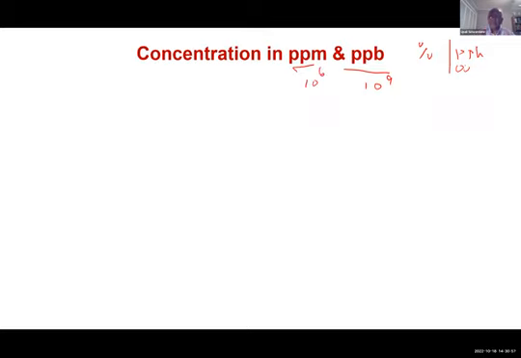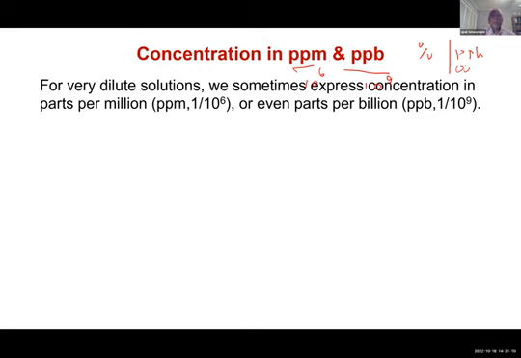So when you have a very small amount of solute, you use ppm or ppb. For very dilute solutions, concentration is expressed in parts per million or parts per billion, rather than parts per 100, which is 10 to the 2.